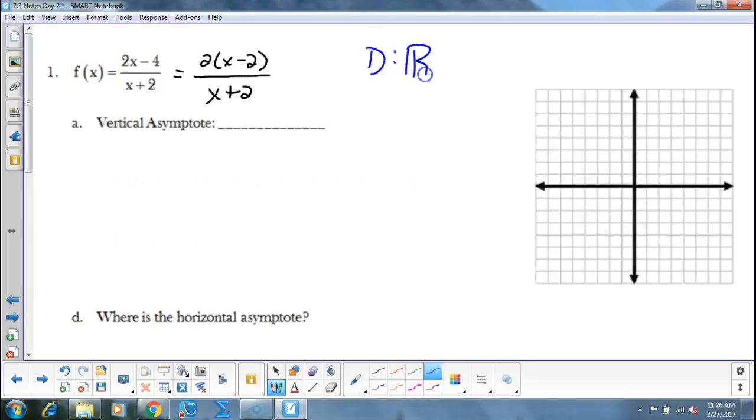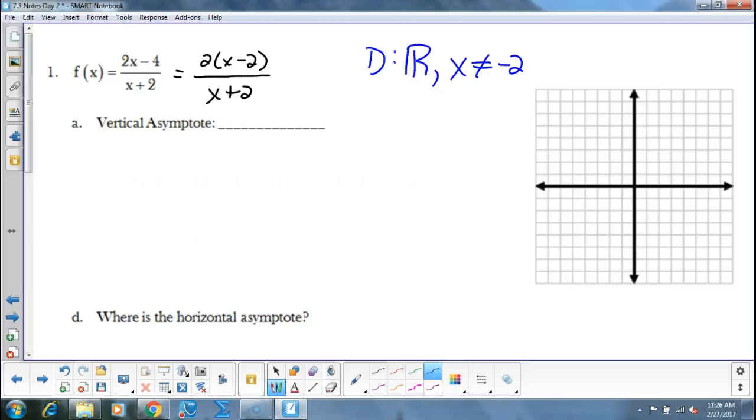Okay? Step 2, or the rest of step 0 then, is I need to find the domain of this function. It's all real numbers, but what? X cannot equal -2. Because if I have x equals -2, then I'm dividing by 0. Can't happen. Okay?